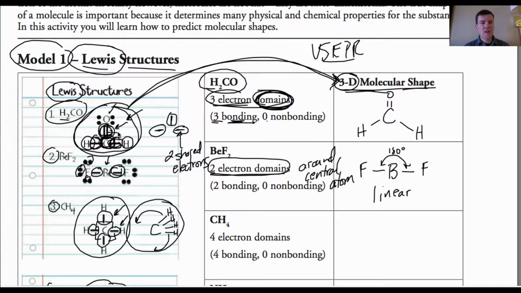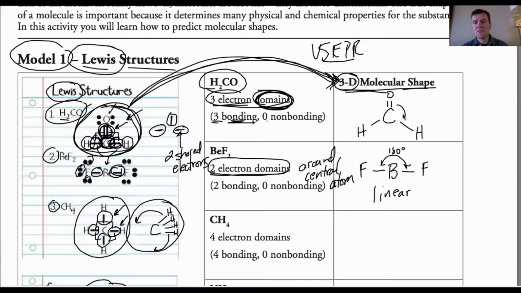They're actually drawn kind of at 90 degrees, and this one looks like it's 180 degrees, but in reality it's not. You have to remember that this is a two-dimensional Lewis structure, and we are now going to have that lead us to a 3D shape, knowing that these electron regions are not going to stay close to each other.